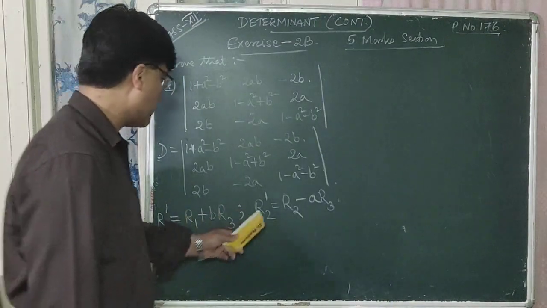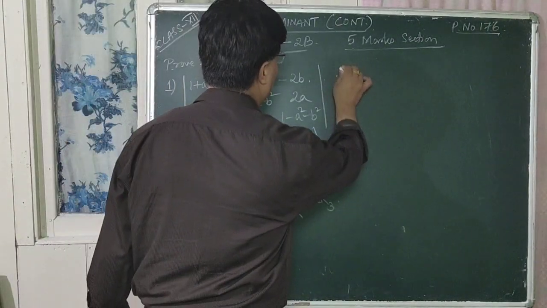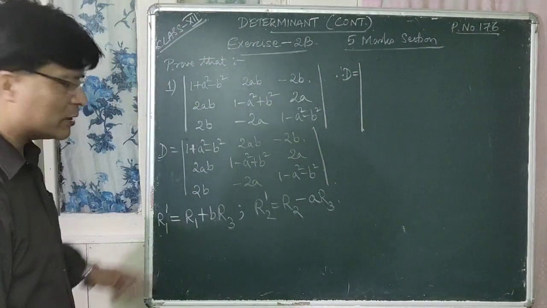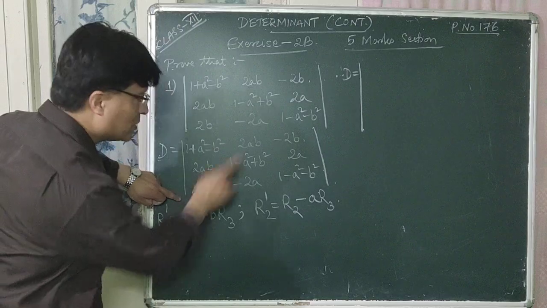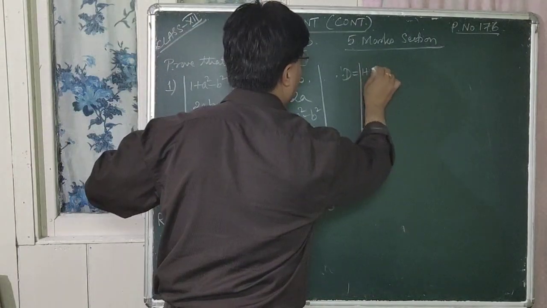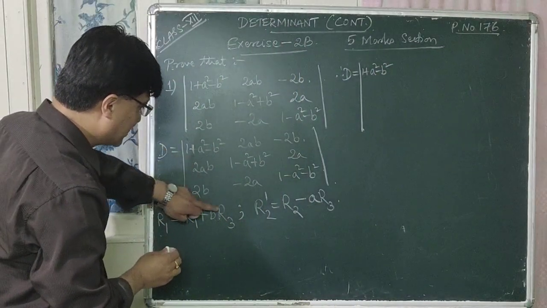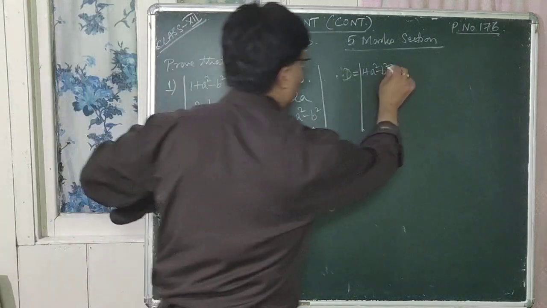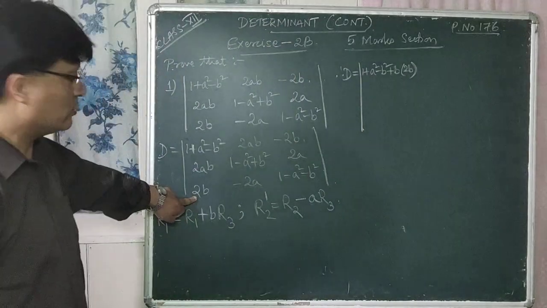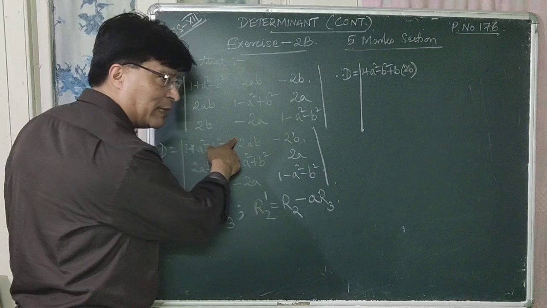So let us use this property now. Therefore D is equal to, now, the first row is changing. How does it change? Now R1 dash, row 1 is changing. R1 plus b R3. R1 means this one, 1 plus a square minus b square, right? Then plus b into 2b. It is b into 2b. Clear? Next, this second element also changes.